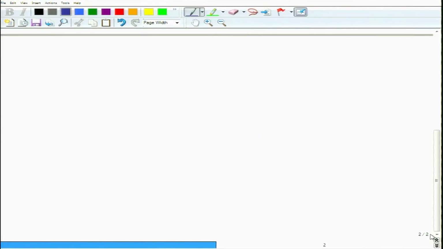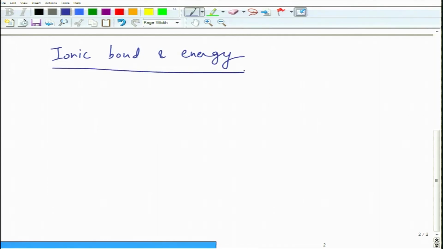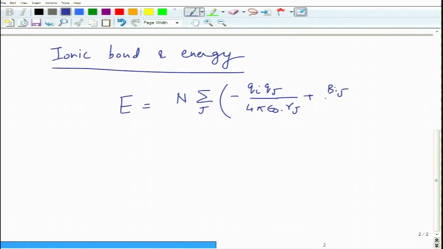So what we were discussing in the last class is about the ionic bond and its energy, because eventually this is what determines whether your solid is going to be stable or not. So energy was equal to N of epsilon j, and you have sum of j plus bij divided by rij to the power n.